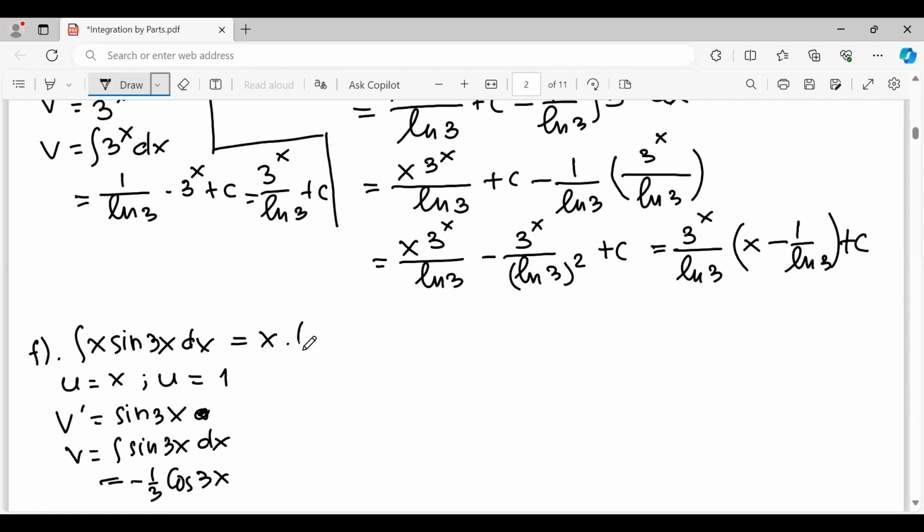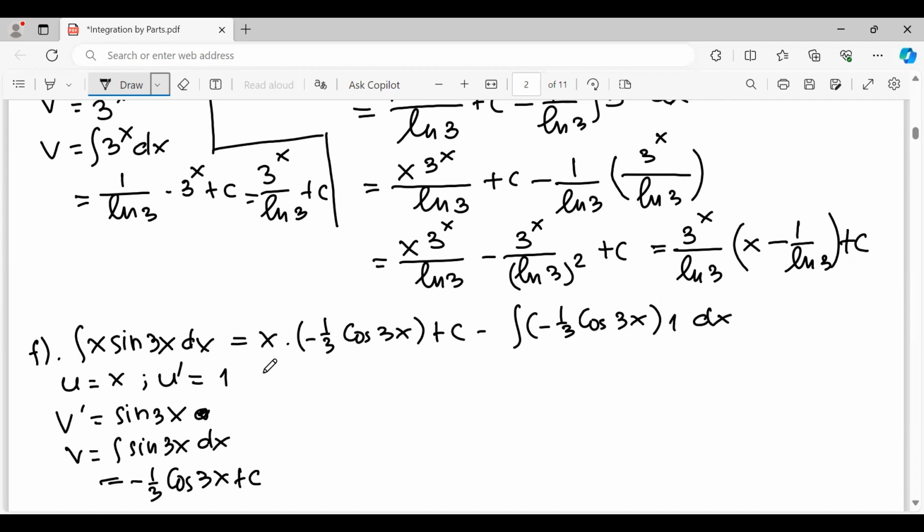x times minus 1/3 cosine 3x plus c, minus the integral of phi times derivative u, this derivative u is 1, times dx.